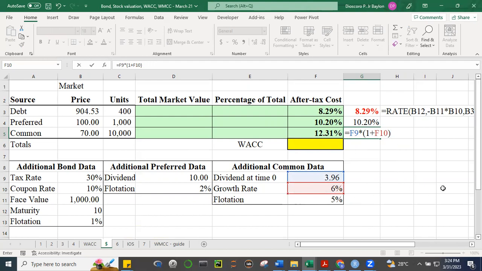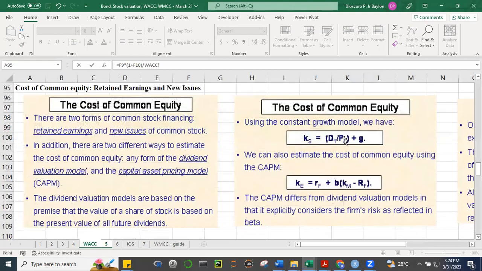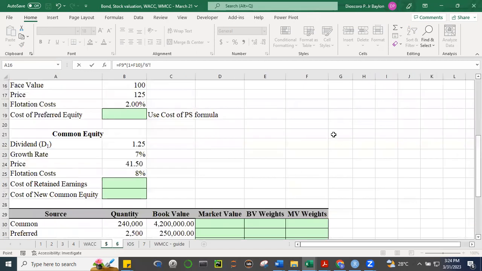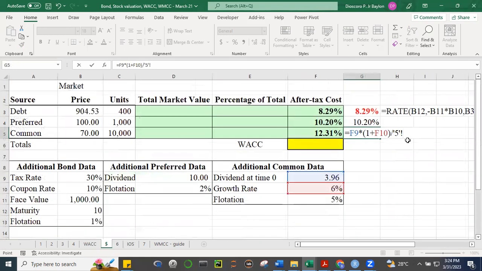That's a growth rate. Okay, and then divided by, what class? Ano formula? Dividend divided by the price at time 0. Right?